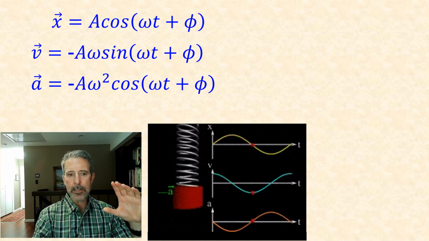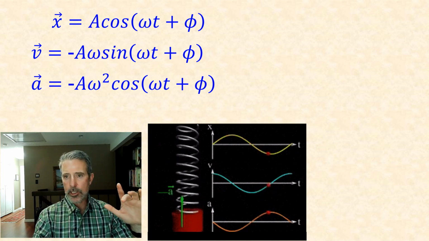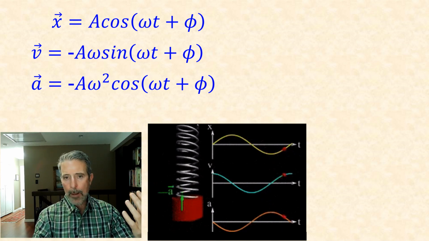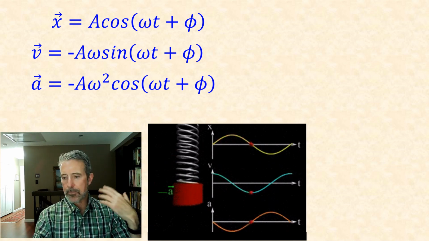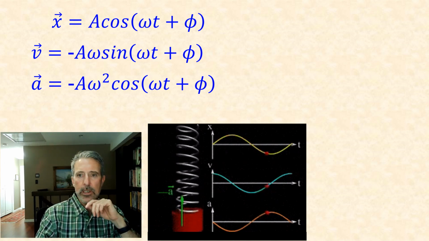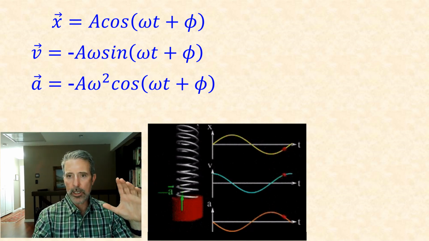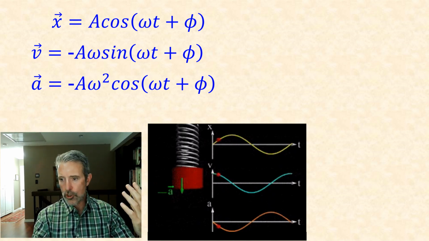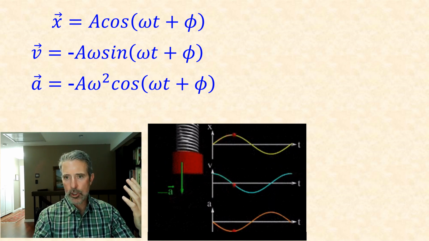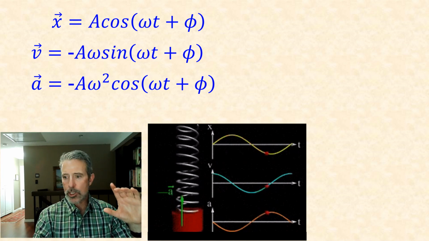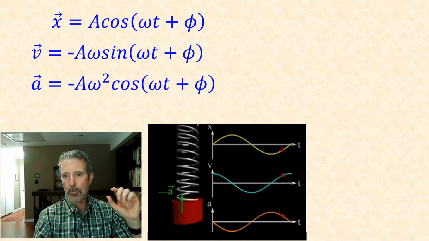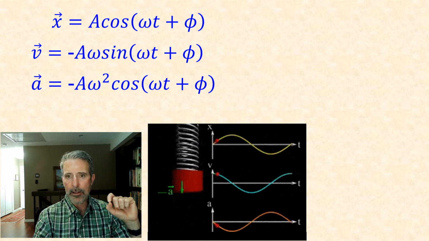The fact that the acceleration and displacement are opposite each other, opposite in direction, should make sense, given that the acceleration, which would be in the same direction as the Hooke's law restoring force, must be opposite the displacement in order for the object to move repeatedly over the same path.